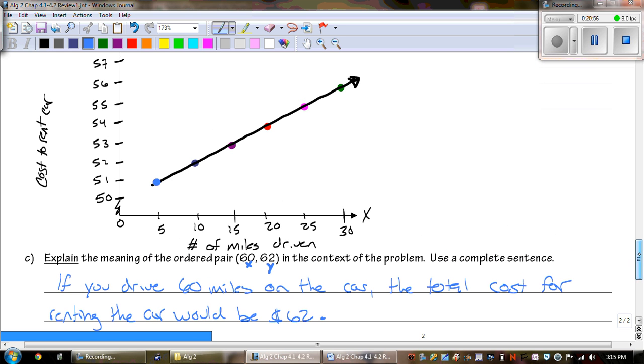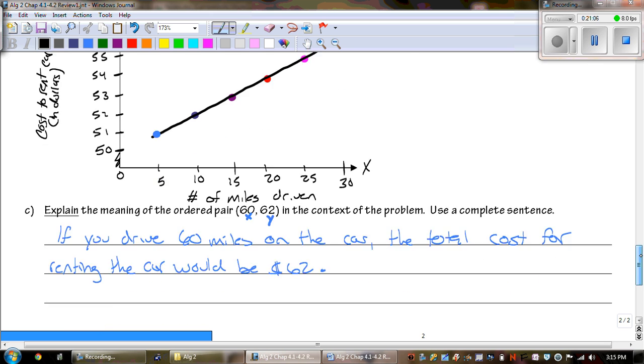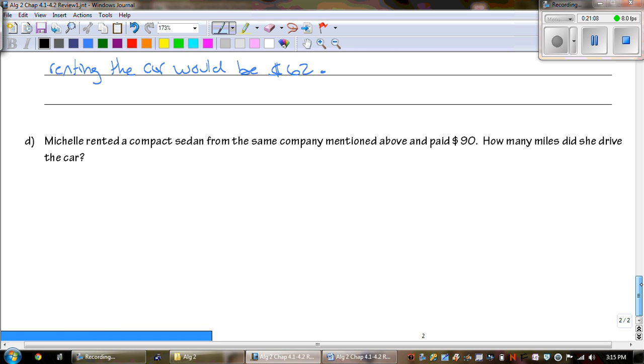Okay, and this is where I might come back here because I forgot the cost of renting the car. That's in dollars. Okay, now last one.